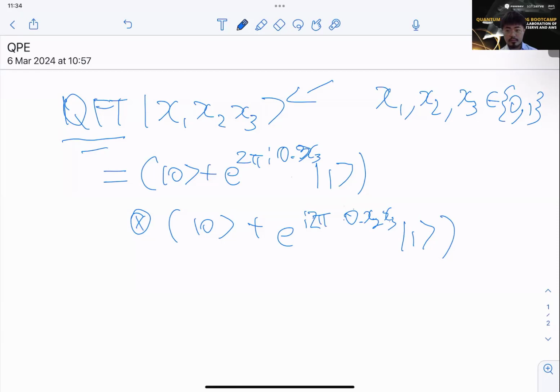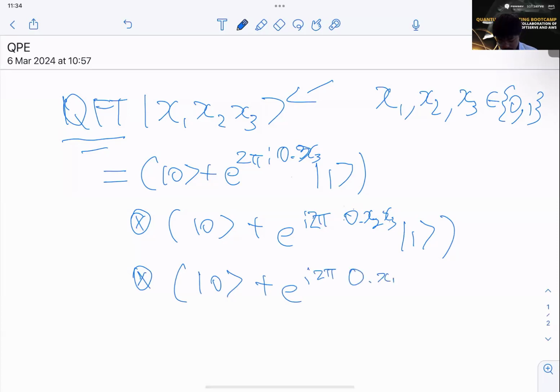Okay, so it's this: 2 pi i 0.x1 x2 x3. I noticed that you're putting x3, x2, x1.